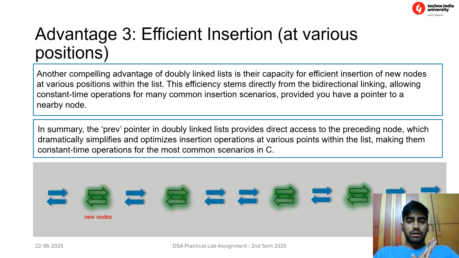But if we had to insert a node anywhere else in a singly linked list, it would need big O of n in the worst case scenario, where n is the number of nodes, because we would need to traverse the entire list from the head pointer, using the next pointers in each node, to get to the position where we need to insert the node. But in a doubly linked list, since we have the bidirectional traversal property, we don't have this problem.